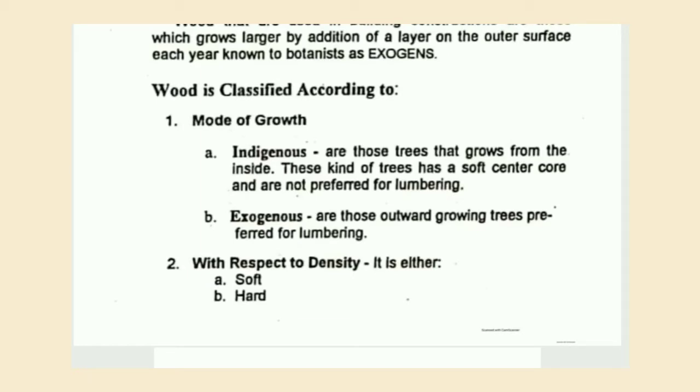First is endogenous, those trees that grow from the inside, which are not preferable for lumbering. Next is exogenous, those outward-growing trees, which are preferable for lumbering.